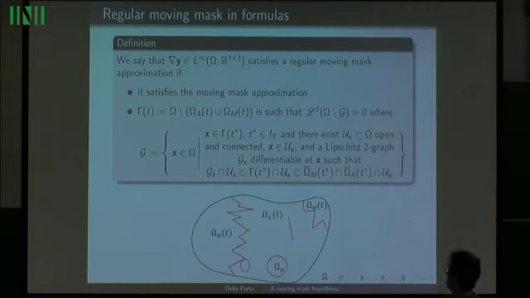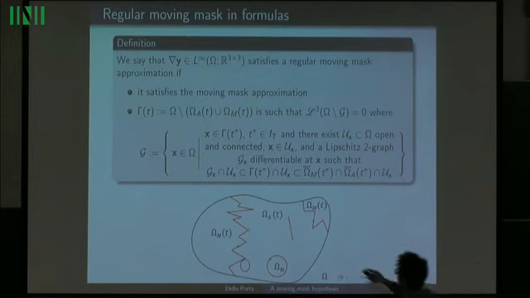What do I mean by a good point? A good point means first that there exists a time when the interface passes through the point. Second, that the interface contains a Lipschitz graph which is differentiable at the point. And third, that the interface separates austenite from martensite at the point. So let me talk by examples.